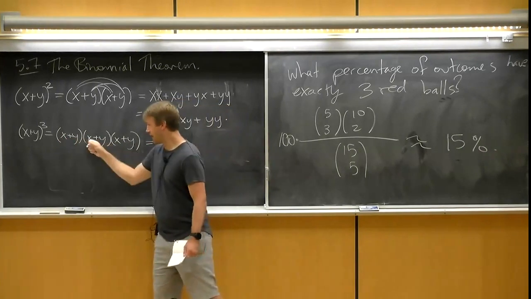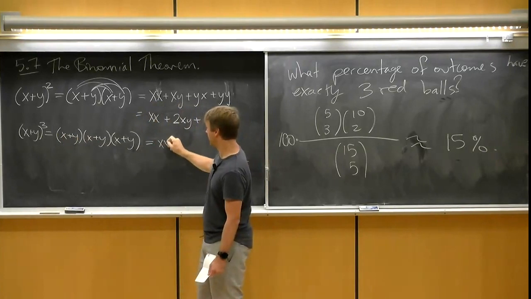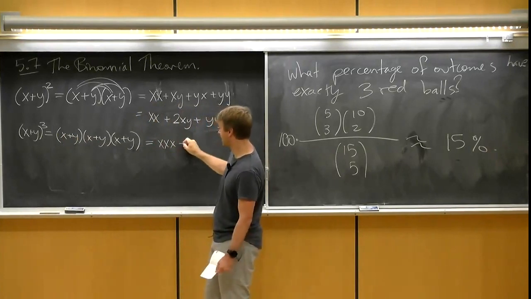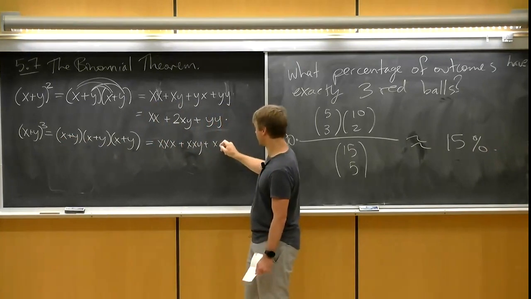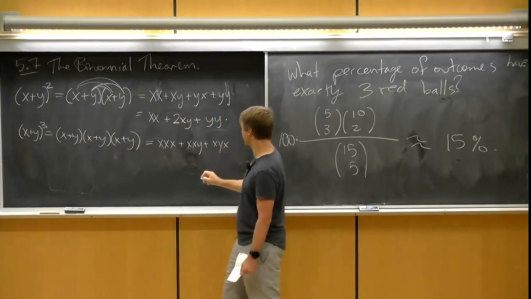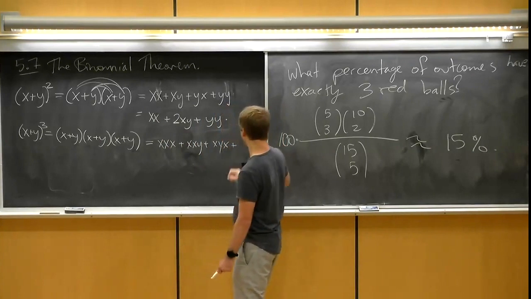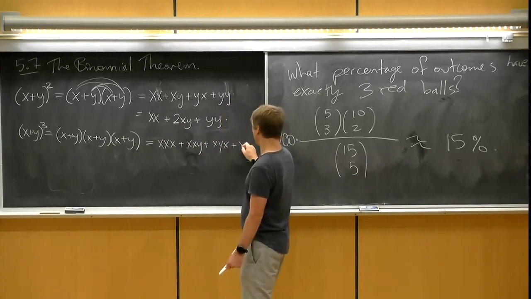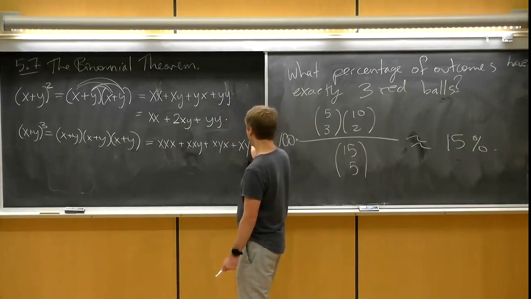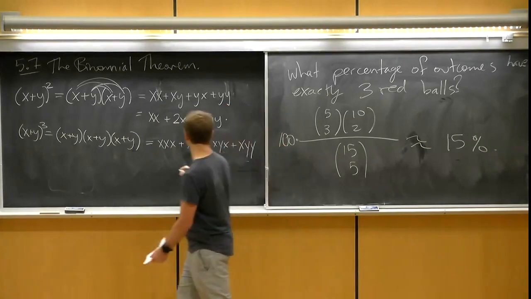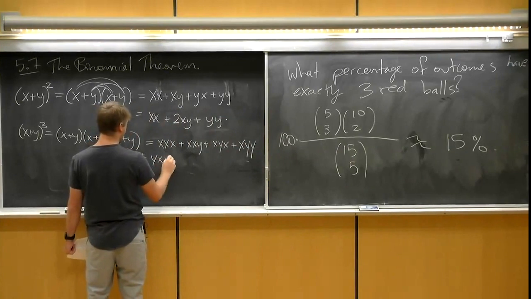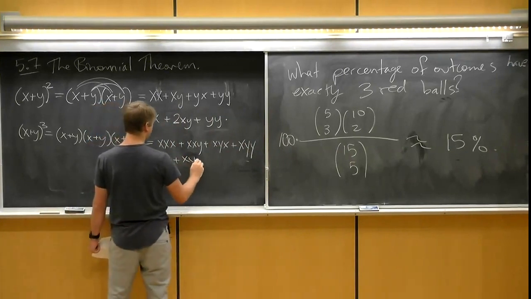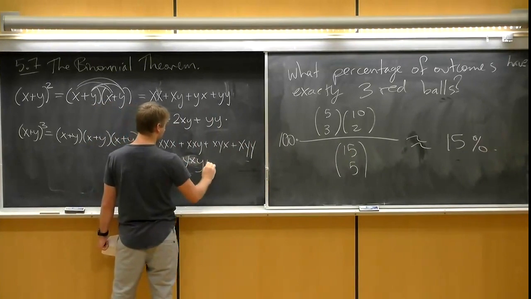If I do x, x, x, well, that's x cubed, but I'll write it as xxx. Then xxy, xyx, xyy, yxx, yxy, and yyy.